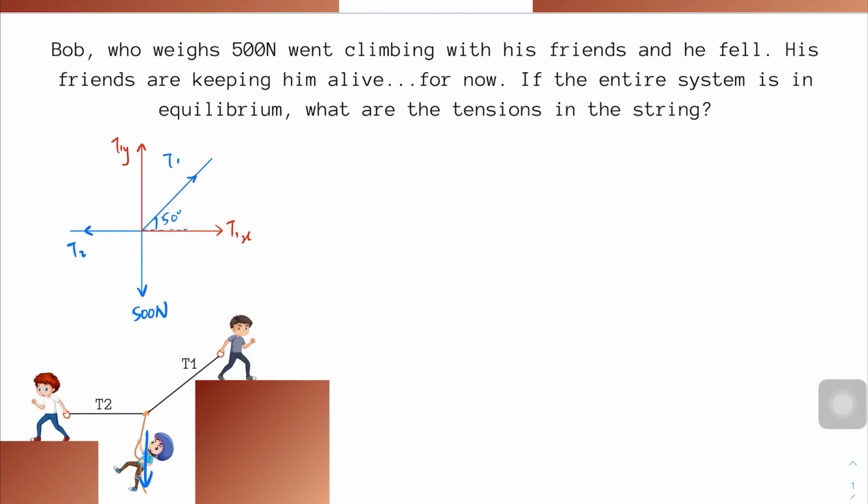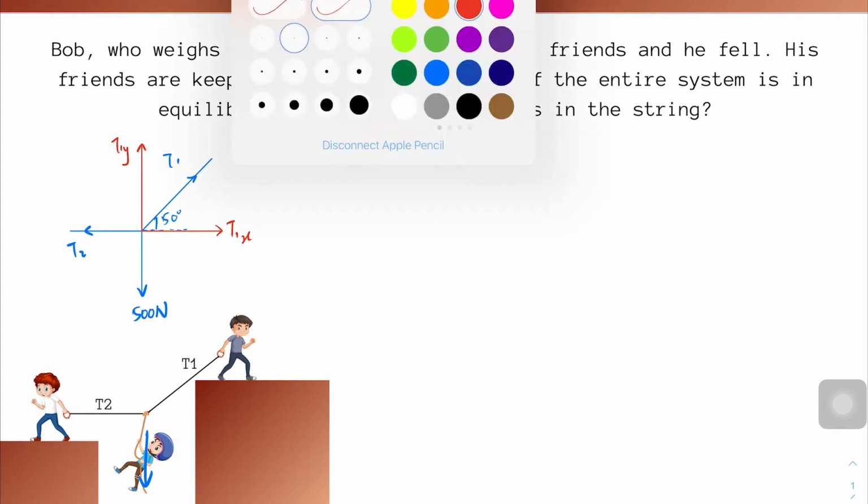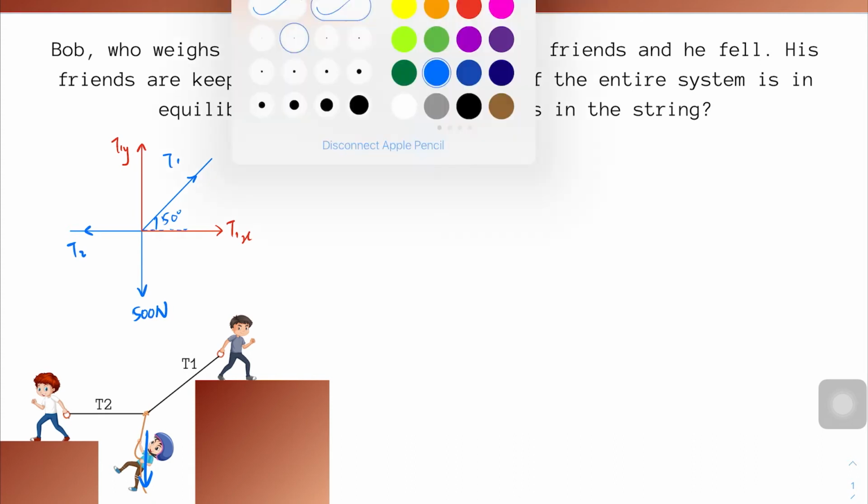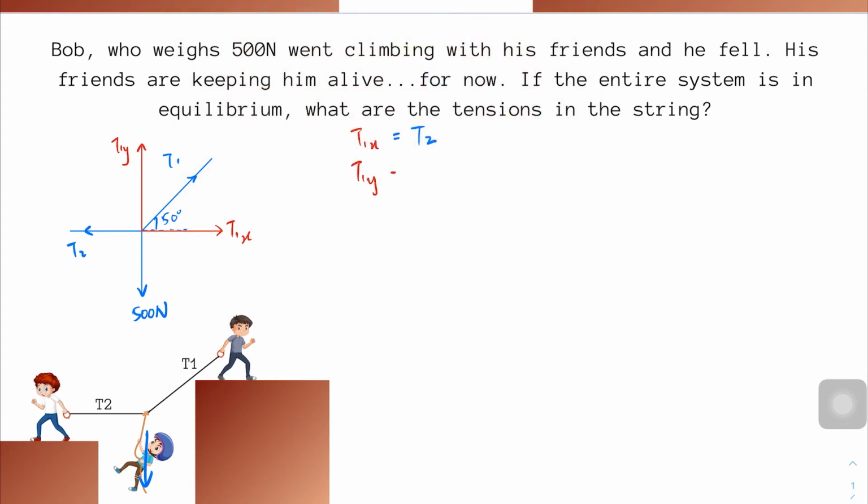Since everything is in equilibrium, I know that T1x must be equal to T2 and T1y must be equal to 500 newtons. Using the second one, T1y equals 500 newtons, I am able to calculate what T1 is.